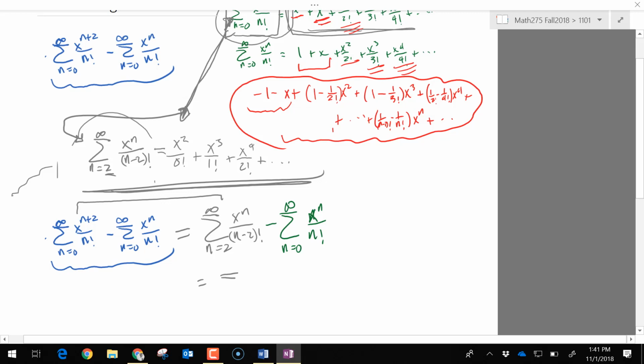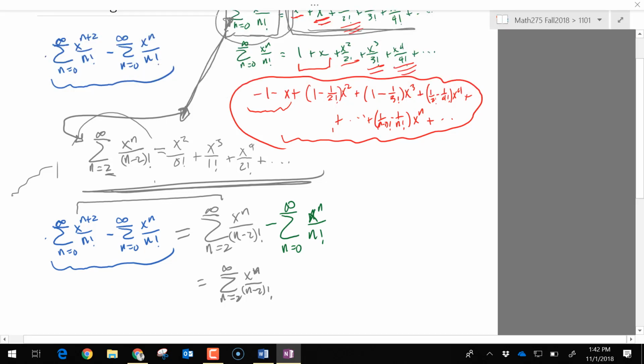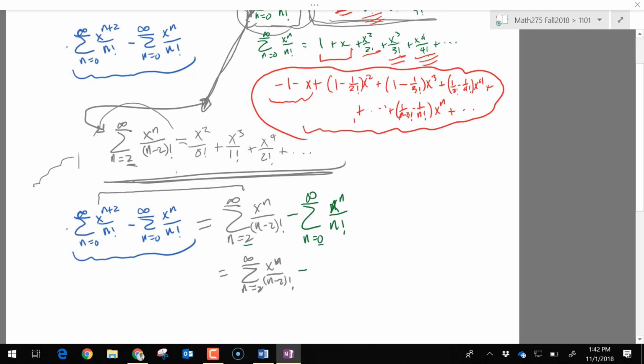Well, this thing, let me rewrite this over again. And then for the second one, I have the matching x to the n powers that I can combine them with. But then I start with 2 here and I start with 0 here. So let's get rid of the 2 of them.